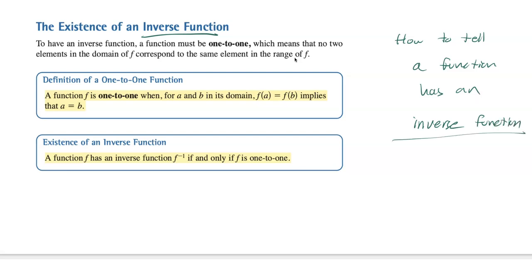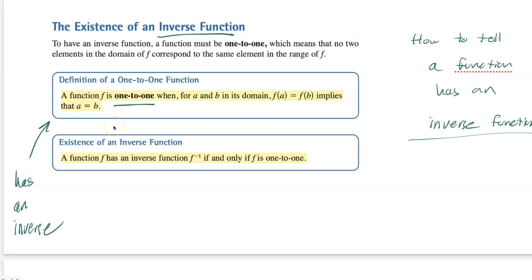Every function has an inverse, but is it an inverse function? Does it pass the vertical line test like that? So what we have is something called a one-to-one function. A one-to-one function has an inverse function. So if it's a one-to-one function, it's going to have an inverse. If it's not a one-to-one function, its inverse won't be a function.